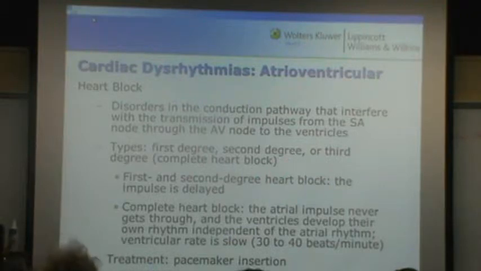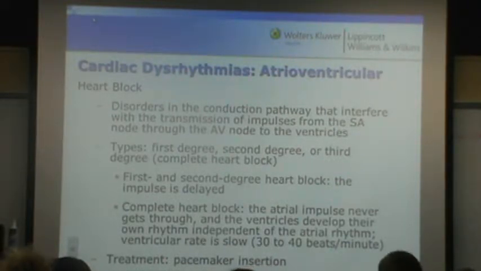All right. First step: do you see a P wave? No, it's not there. QRS is normal, it's narrow. But when we look at the regularity of it, would you call it regular or irregular? Yeah, it's very irregular, right? Can you predict any pattern to the irregularity? Is there any pattern whatsoever?